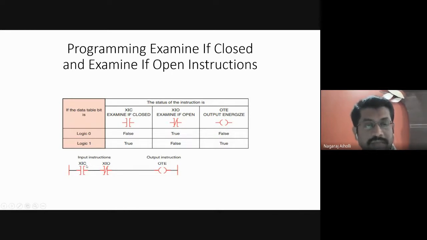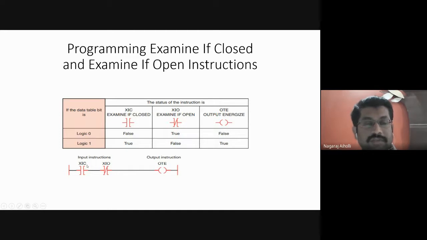Next, if XIC is 0 and XIO is 0, not of 0 is 1, so 0 and 1 is not possible because both should be true. Output is false.